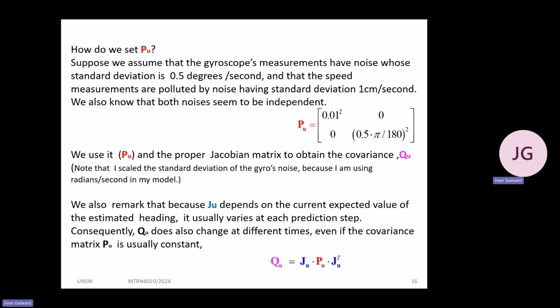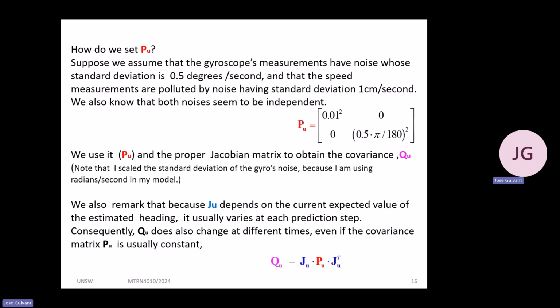So we know how good the speed sensor is and how good the heading rate sensor, the gyroscope, is. Suppose we know that when we are moving and traveling, the speed sensor introduces an error of 1 centimeter per second.